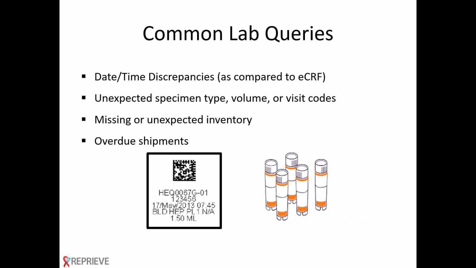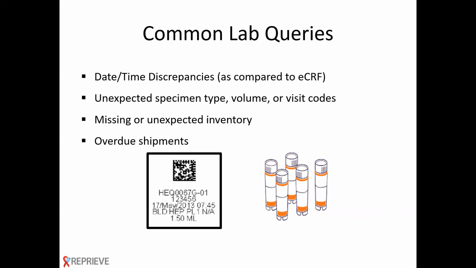So we have a form that is keyed by the site letting us know that the study participant has come in for a visit and they've collected some specimens. And we're looking at that date and that time of those collections, and we're comparing that to what has been logged into your LDMS. And if we find discrepancies that we need to resolve, we'll be sending a query there.